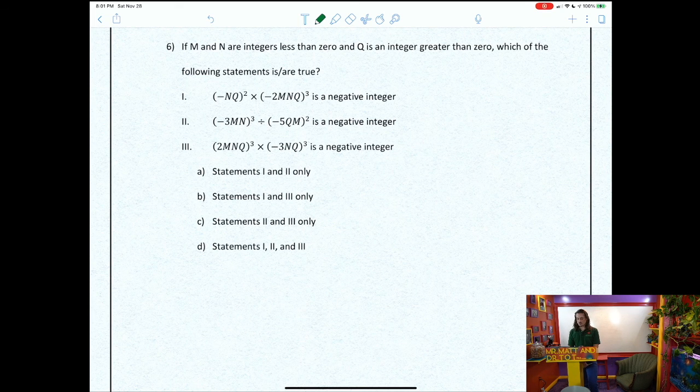Statement 2 says the quantity negative 3 times m times n, quantity cubed, divided by the quantity negative 5 times q times m, quantity squared, is a negative integer. And statement 3 says the quantity 2 times m times n times q, quantity cubed, times negative 3 times n times q, quantity cubed, is a negative integer. So take a few moments and solve that problem, please.